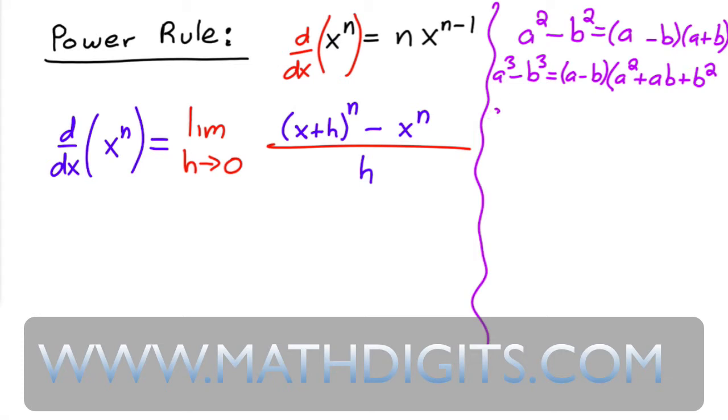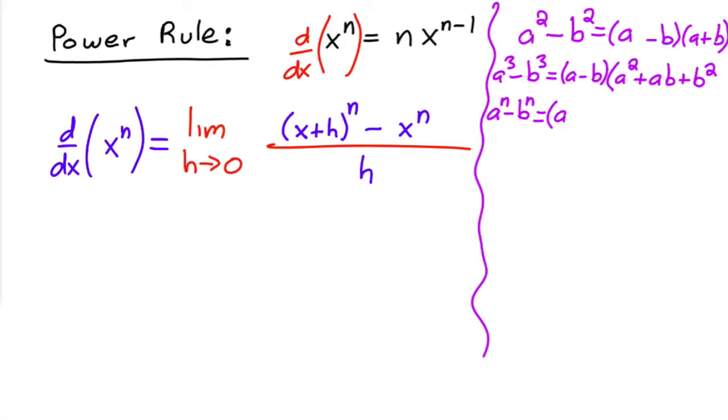And so you can keep doing this until you get to the general case, which is going to be a minus b, and then you're going to have a to the n minus 1, so 1 less than whatever this is, plus a to the n minus 2, b to the 1.